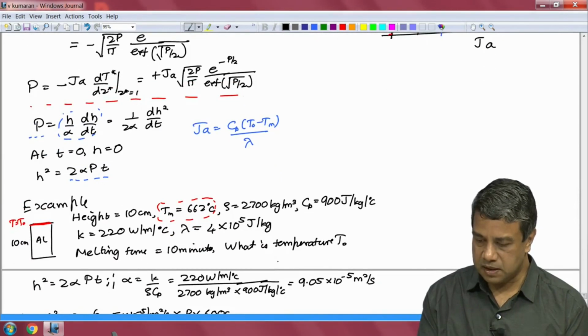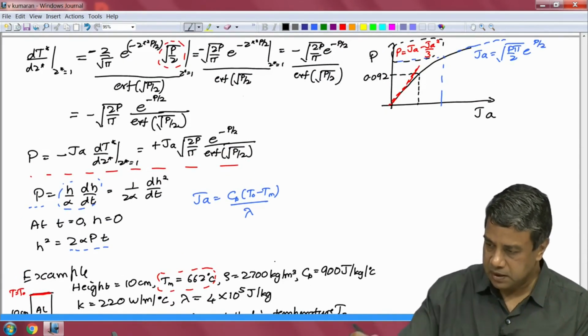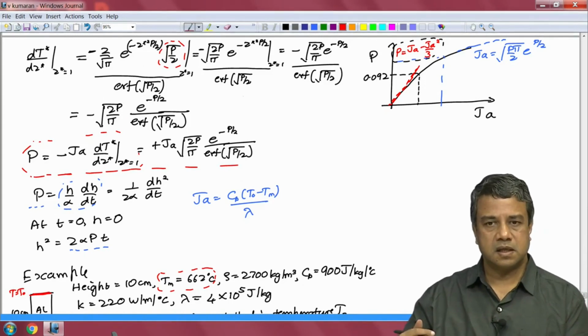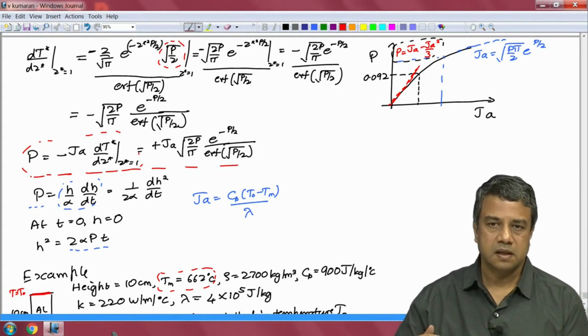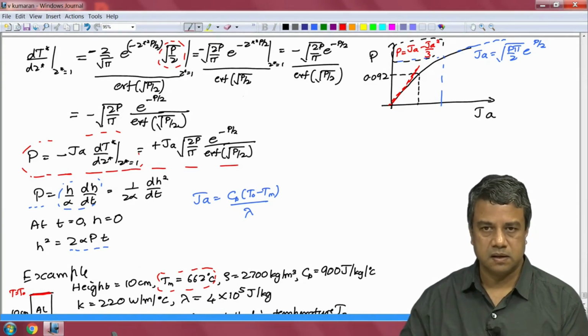That temperature gradient is determined from the condition that the amount of heat that is transmitted to the surface within a time delta t is equal to the amount of material that is melted within that same time delta t.